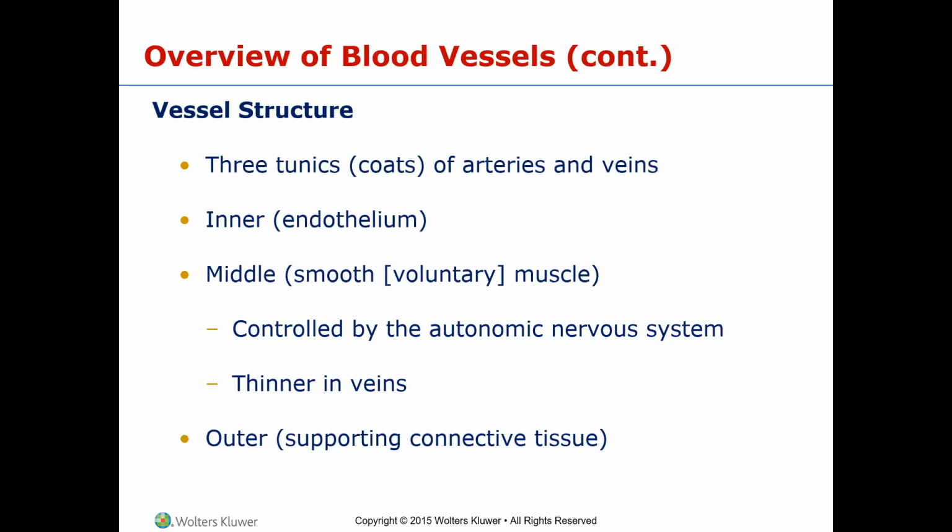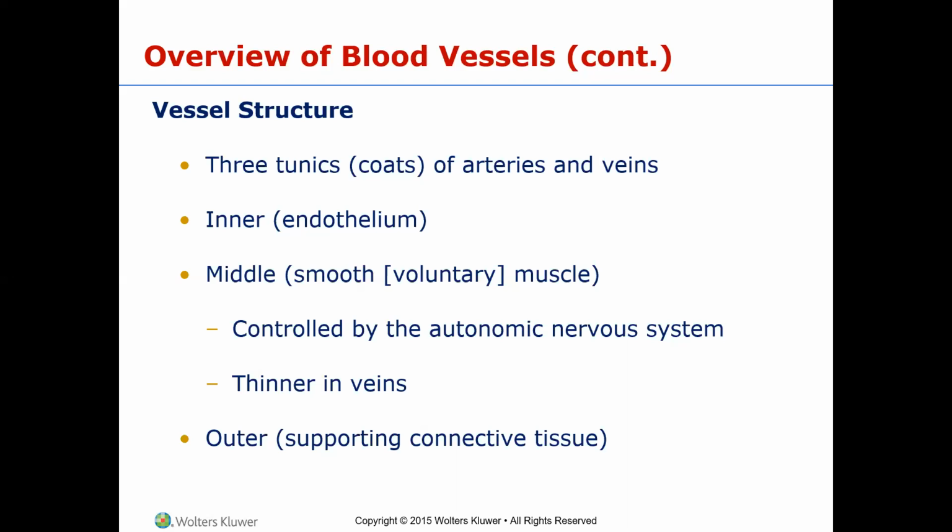So that middle tunic is much thinner in the veins. The muscle doesn't have to do a lot of constriction and dilation in the veins like it does in the arteries.